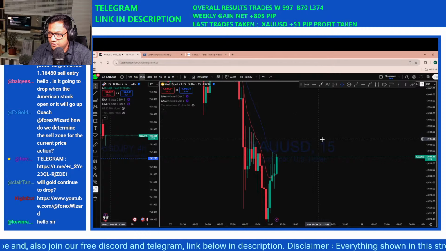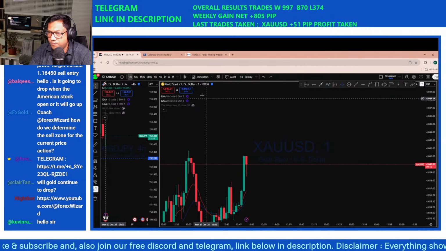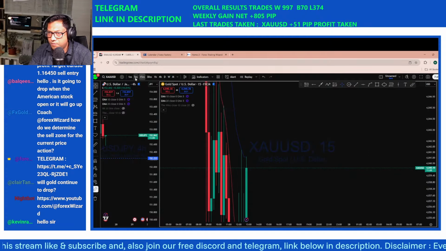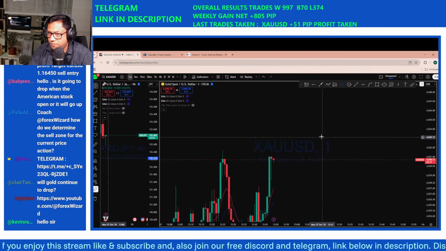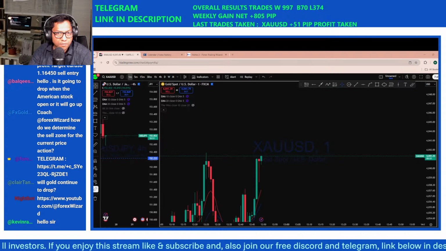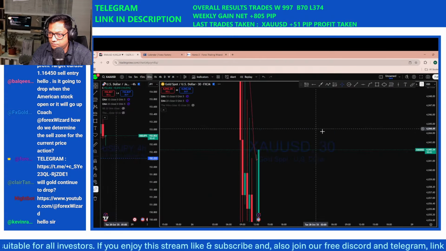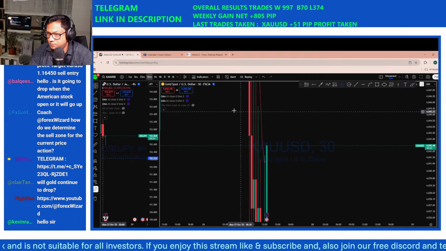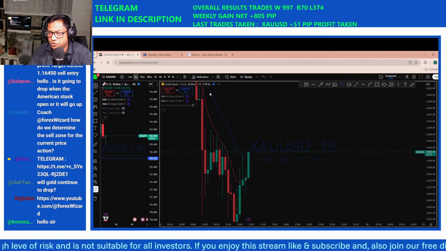There is a rejection, and then the market from this higher price. So there is a break of structure that you can see.